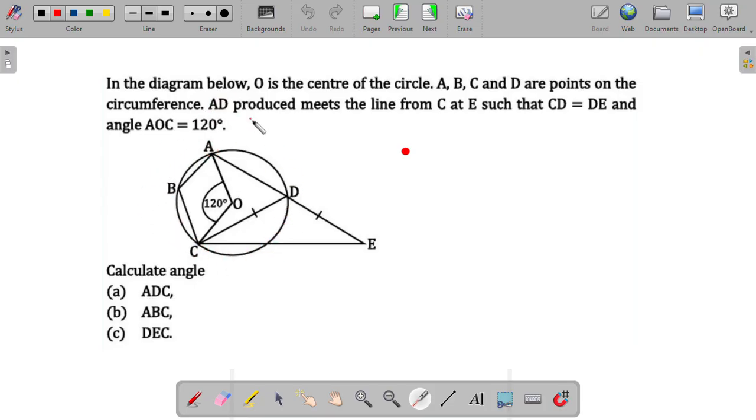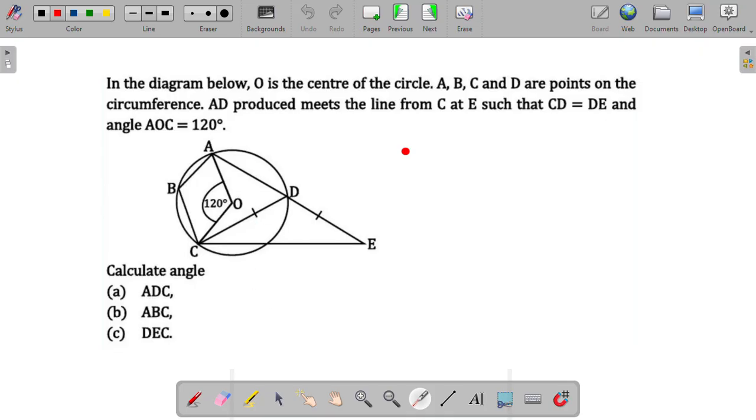AD produced meets the line from C at E, such that CD is equal to DE, and angle AOC is equal to 120, the angle at the center.